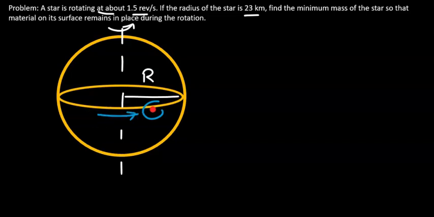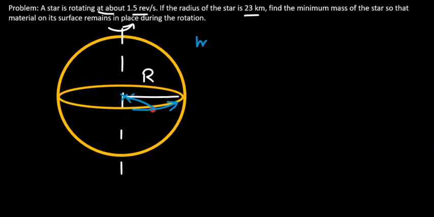surface of the star? Now note that as the star rotates, this mass will also move in a circular trajectory about that center. That means it would feel a certain amount of centripetal force, and that centripetal force will go towards the center of that star like that.